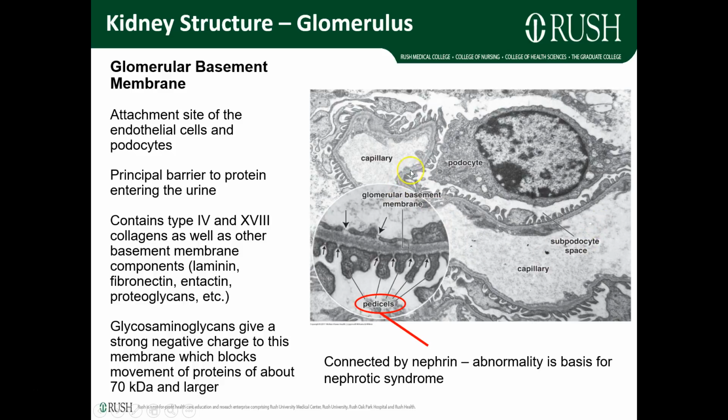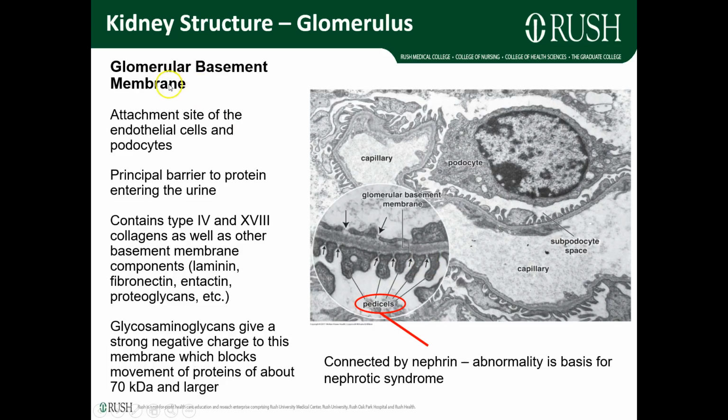And then in between is this basement membrane. So it's basically attaching endothelial cells on one side and podocytes on the other. You can see the slits that podocyte pedicles are making by these arrows pointed out in this inset here.